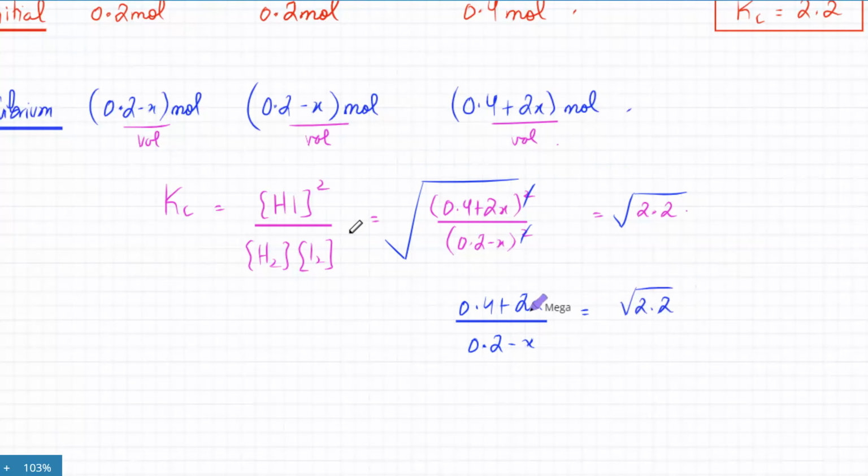अच्छा 0.2 minus x को दूसरी साइड पे ले जाते हैं. ठीक है, so I'm going to bring this to the other side, so this will get cancelled out, and 0.2 minus x. I'm going to open this bracket.